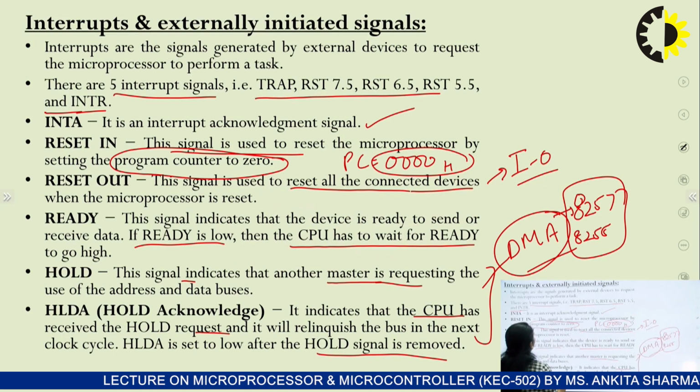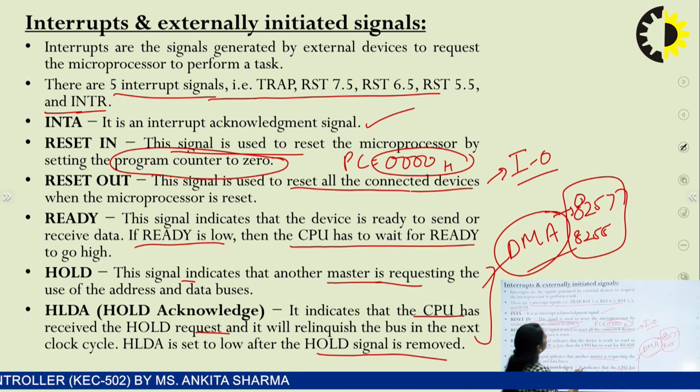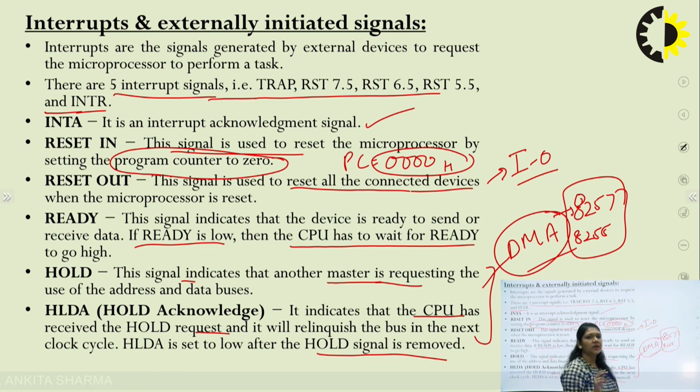Before that, one thing we just missed, the interrupt signals. Here are the 5 interrupt signals we have: TRAP, RST 7.5, 6.5, 5.5 and INTR. INTR is the interrupt request, the interrupt request which the microprocessor got from the outside. And trap is the non-maskable interrupt. Suppose there is an interrupt which you cannot mask, you have to deal with it.